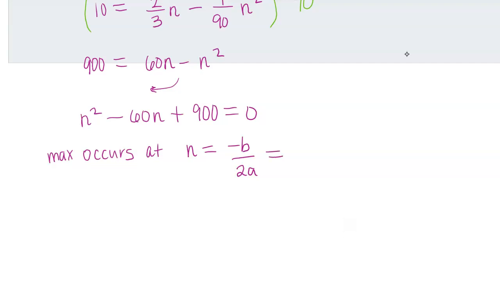So b is negative 60. It'll change to positive 60. A is 1, 2 times 1. So it looks like we're getting 30. N is the number of times that someone needs to watch a commercial. We're getting that someone needs to watch a commercial 30 times for it to have maximum effectiveness.